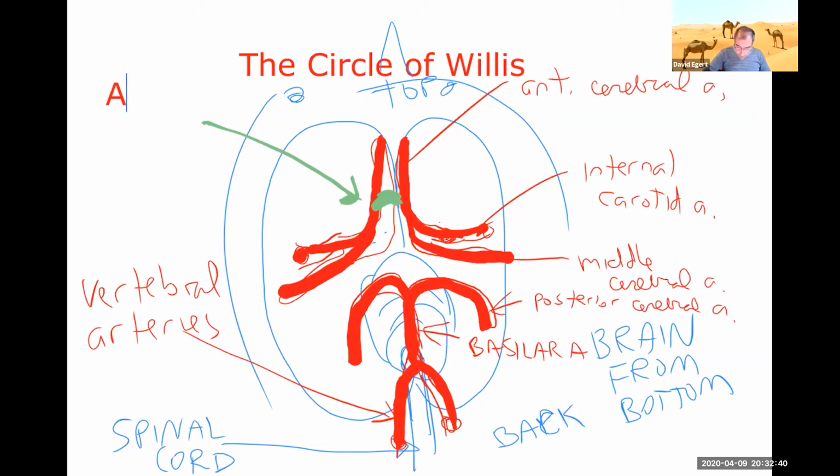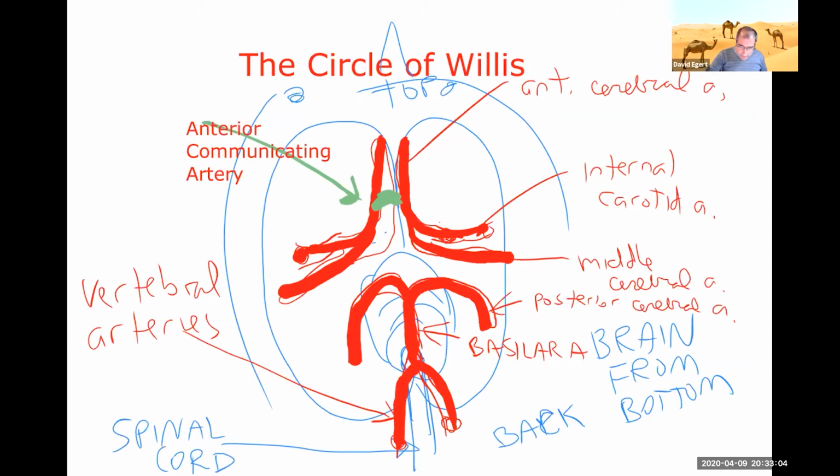So the anterior communicating artery is that little vessel that connects in between the anterior cerebral arteries.